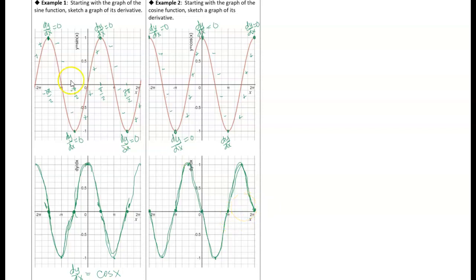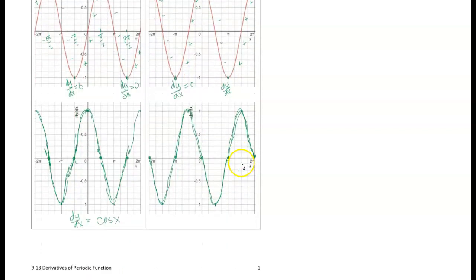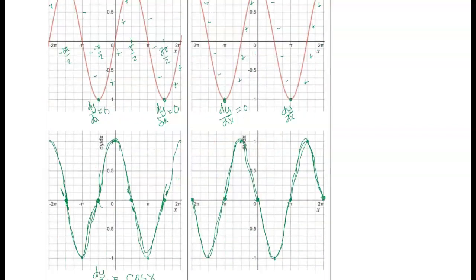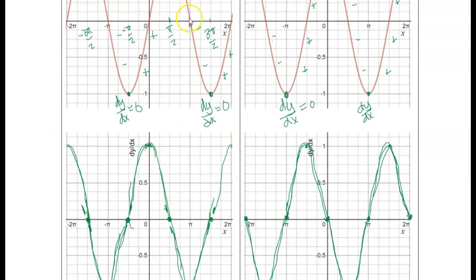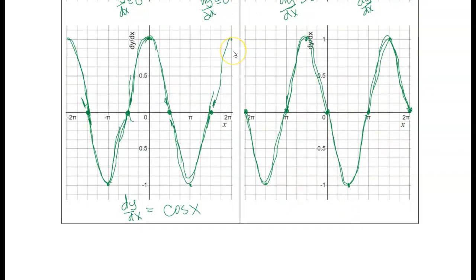It sort of looks like sine, but it's flipped over. And the derivative of the cosine, I'm going to go back to my full screen view here, and increase back to my original size so it's a little bigger.